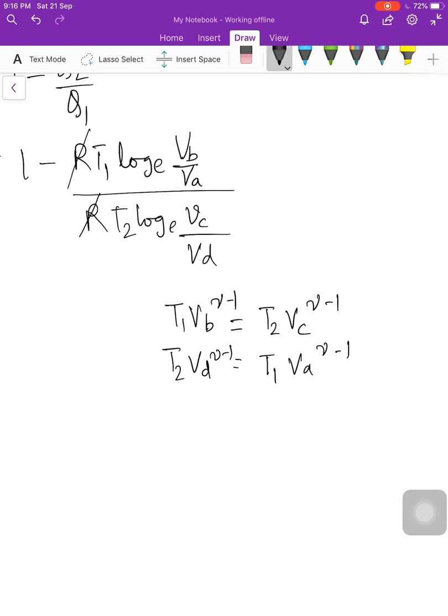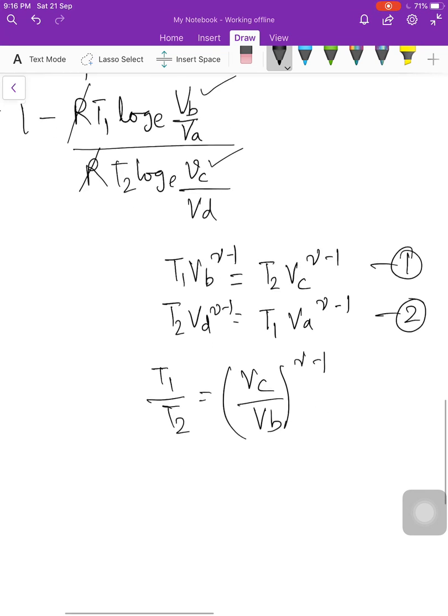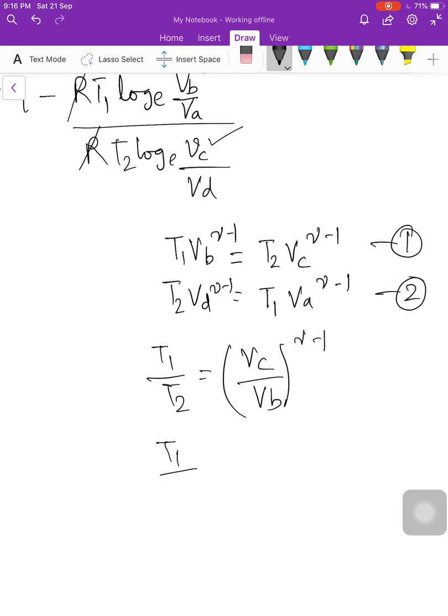Now what I'm going to do here is use these two equations to arrive at a formula connecting VB by VA and VC by VD. If you see carefully, from equation 1 I can write T1 by T2 is VC by VB to the power of gamma minus 1, and from expression 2 I can write T1 by T2 is VD by VA to the power of gamma minus 1.